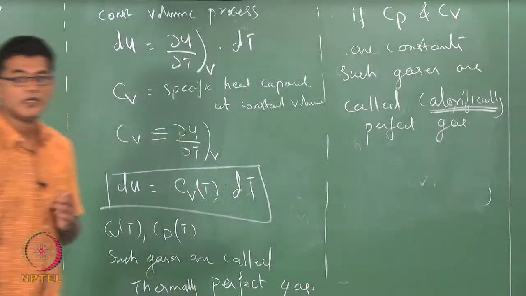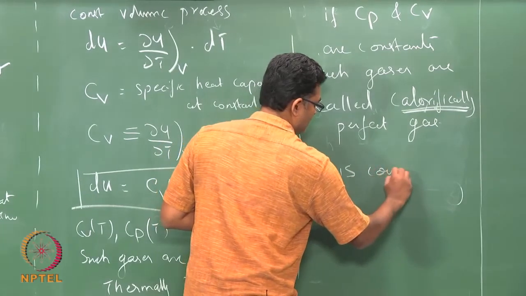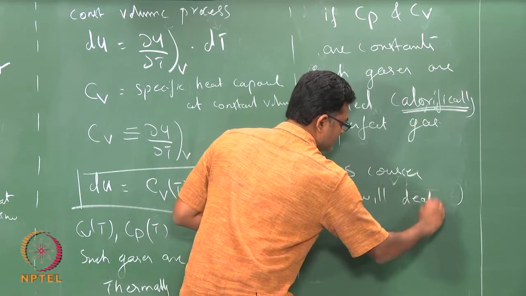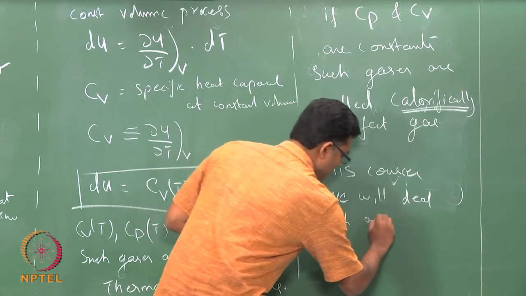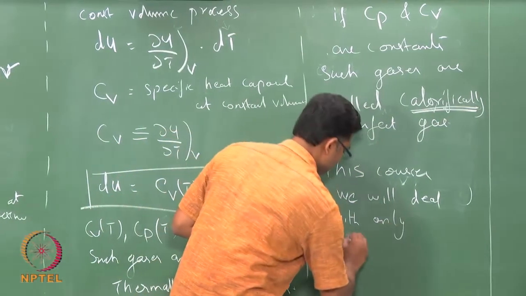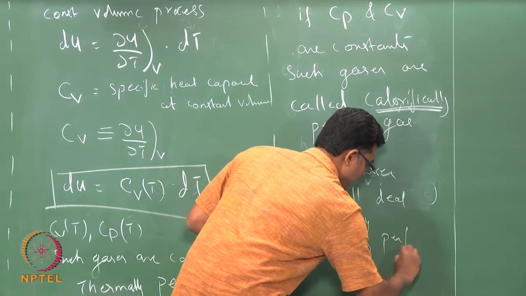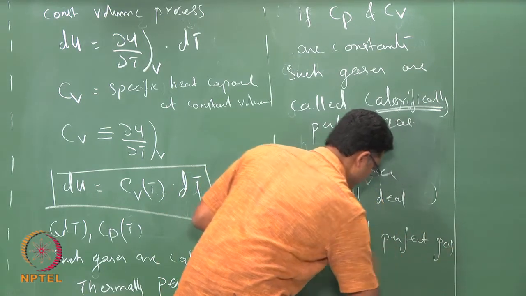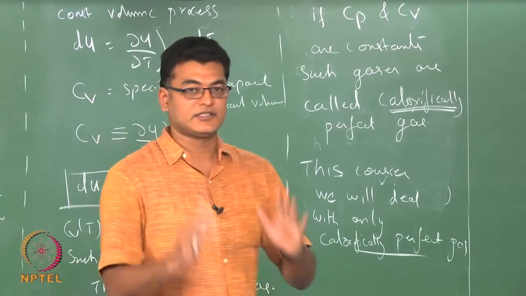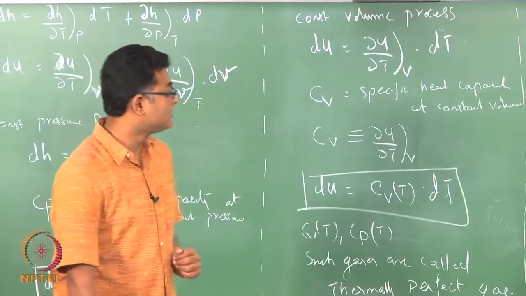Okay. So, in this course, we will deal with only calorifically perfect gas. So, for all the gases that we are going to consider in this course, Cp and Cv are constant.